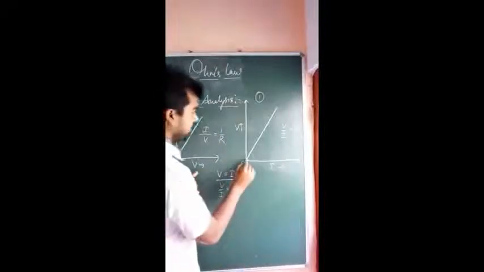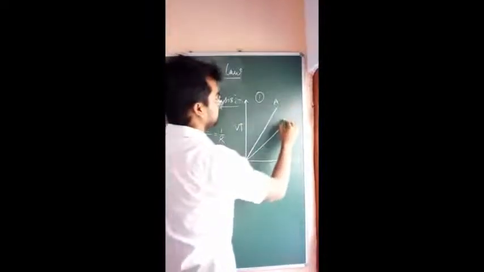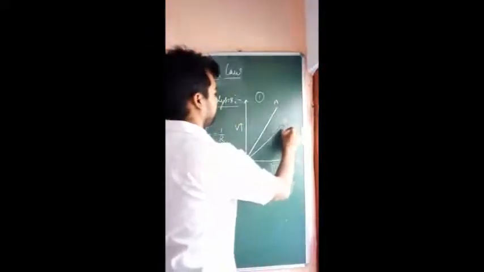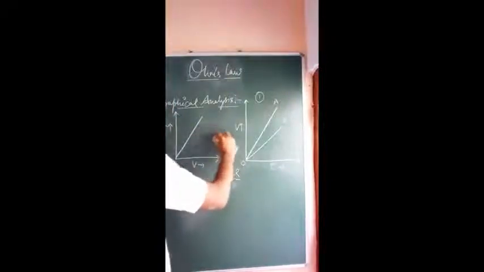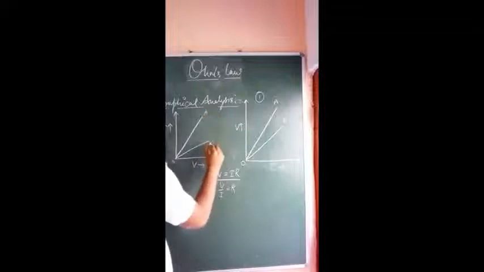Now let's move to another section. Suppose we have two wires, A and B, in this graph, and the same wires A and B in the other graph.